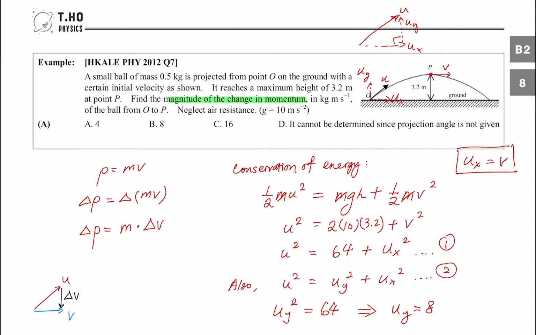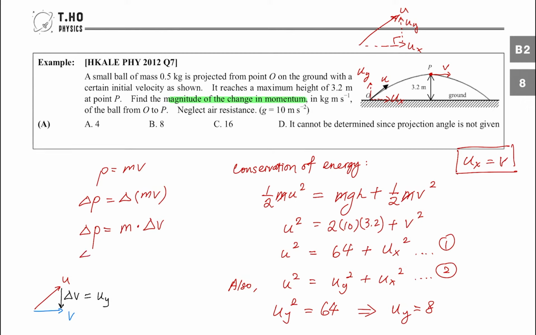When you think about the difference between u and v, the difference is that we have no vertical component, so it only has ux. The uy has disappeared. So by considering this, the magnitude of delta v is basically equal to uy.